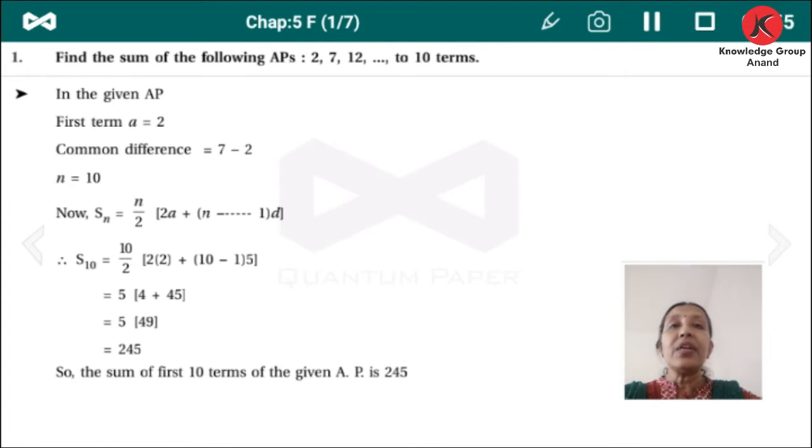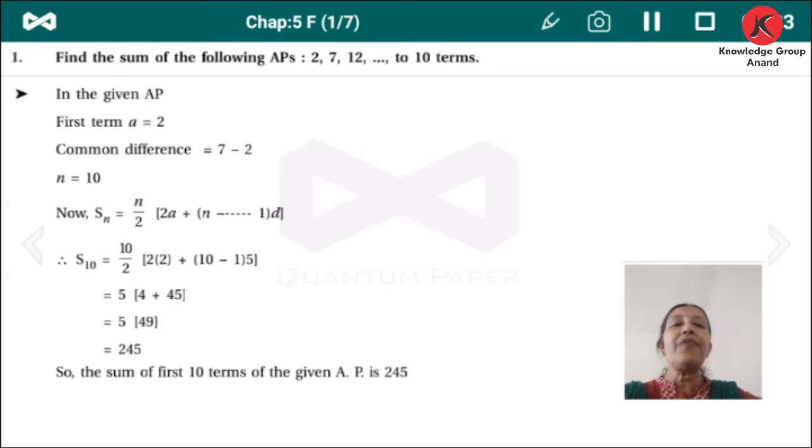Suppose we had to find a term of the AP, then we would use an. But here we have to find the sum of the first 10 terms. Therefore, S10 is equal to 10 by 2 into (2 into 2 plus (10 minus 1) into d), that means 5 into (4 plus 45), which is 5 into 49, that is 245.